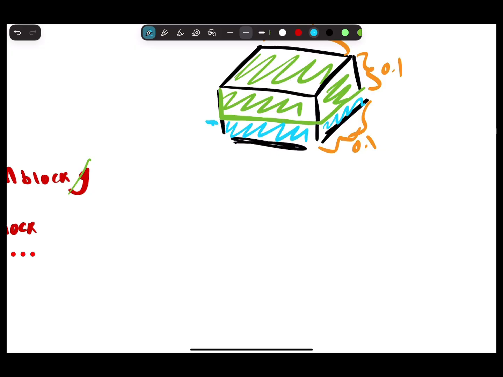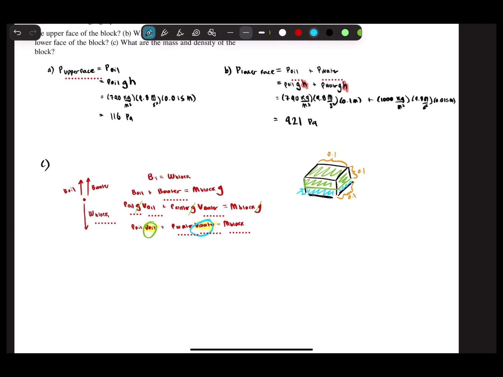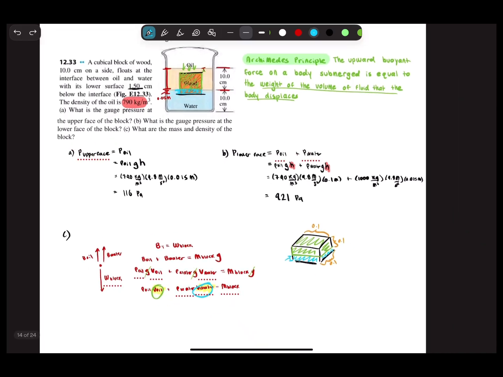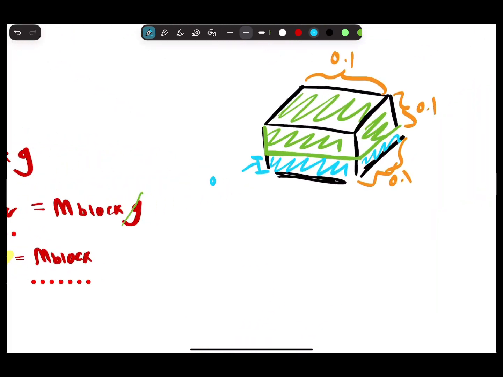Now we know that this chunk of the cube has a height of 0.015 meters, which means that the remaining top of the cube is going to have a height of 0.1 minus 0.015.